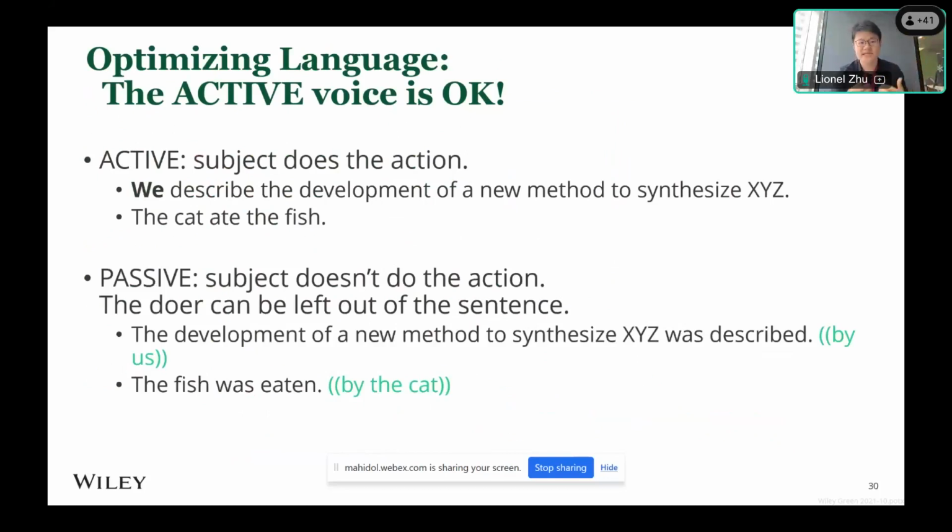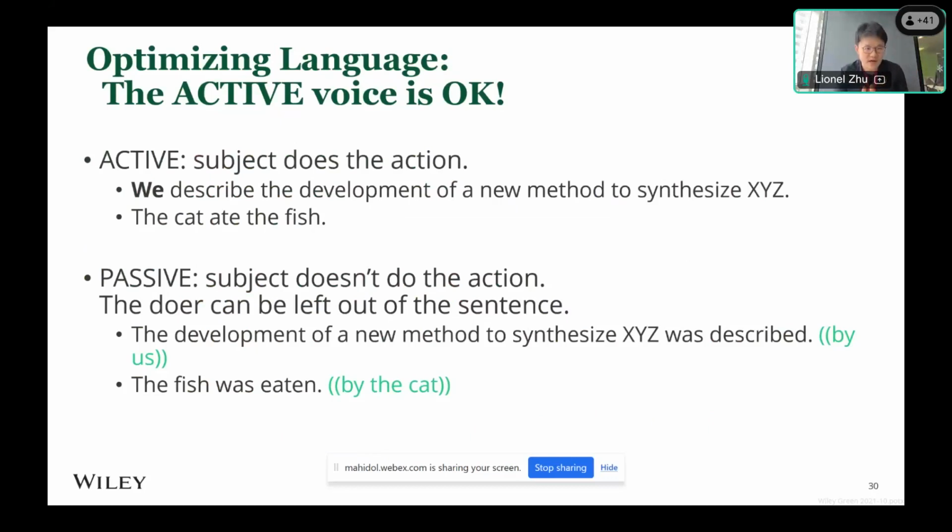You need to let us know the motivation behind why you are doing such research, what you have done, what your thoughts are, and the logic in between. So active voice is okay and encouraged by the editorial office.